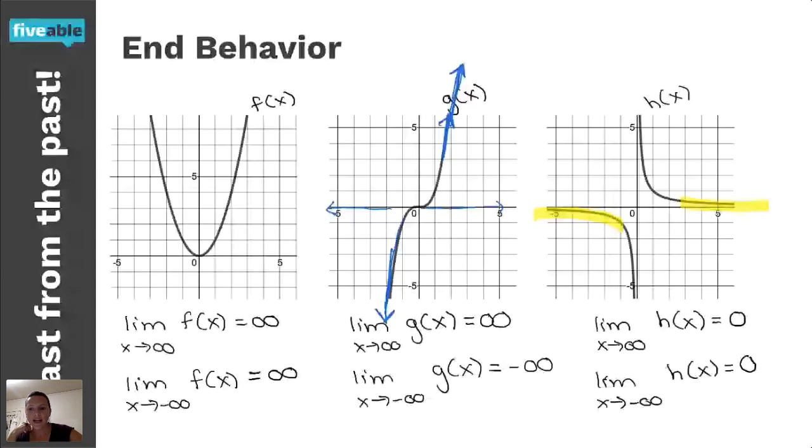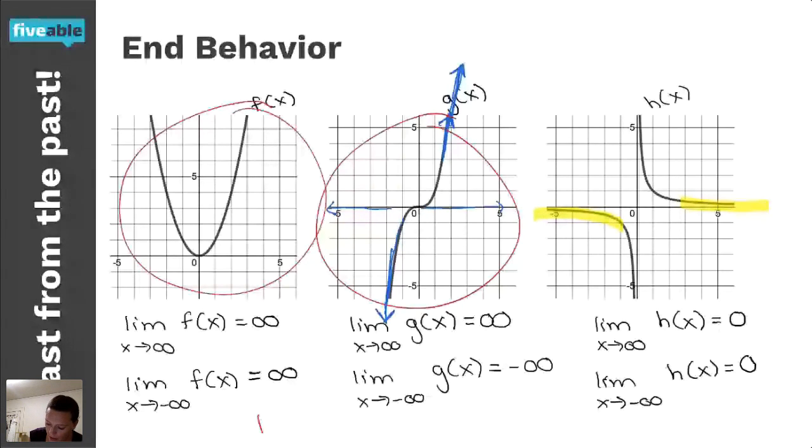Yeah, great guesses. So these would represent top-heavy functions. Remember, with top-heavy functions, my limit will go to infinity or negative infinity, respectively, depending on the end behavior of that graph, okay? So when I say top-heavy, I'm referring to these 2 on the left here.